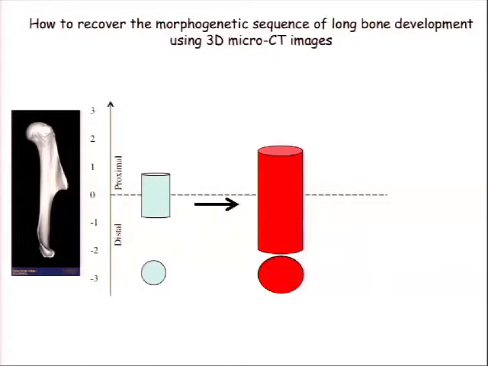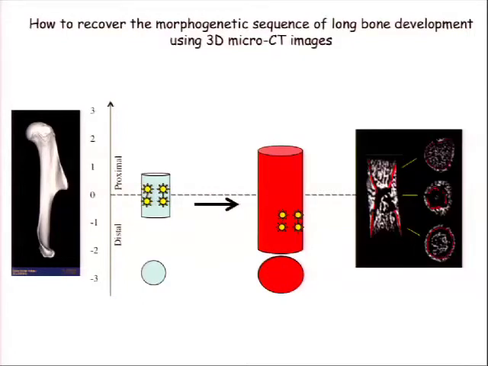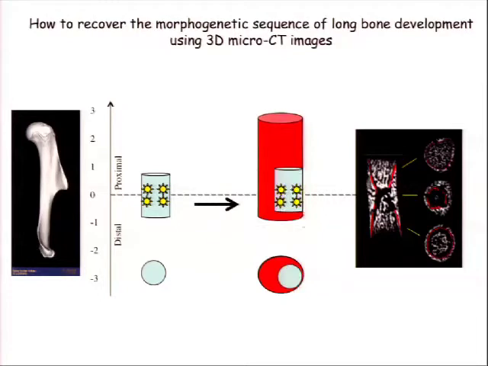To overcome this problem, we designed a specific program that can recognize specific structures in the mineralized bone of the embryo, and as a result, we can now recapitulate, or recover, the morphogenetic process.